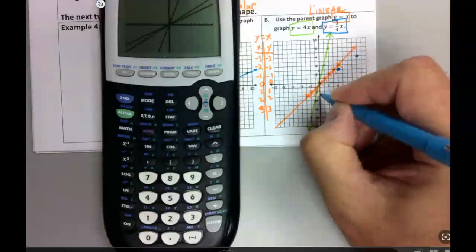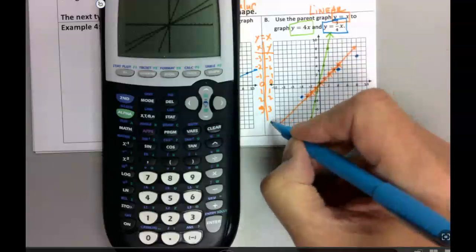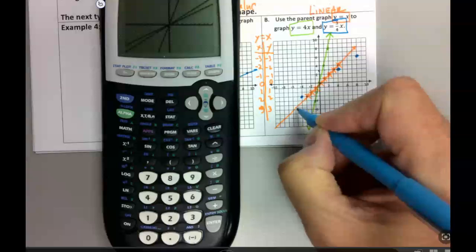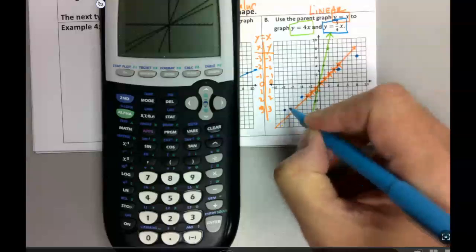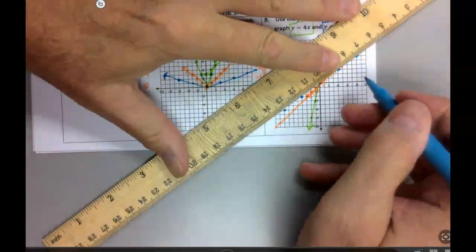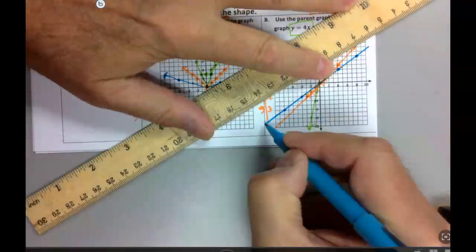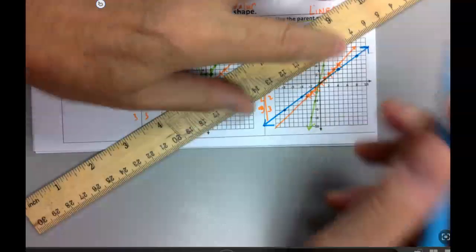Down 3, left 4. So it looks like this. Okay?